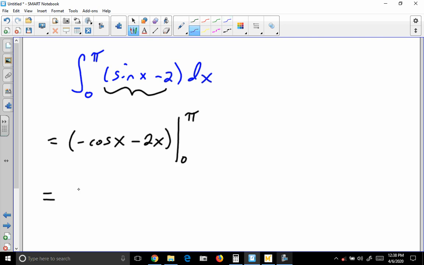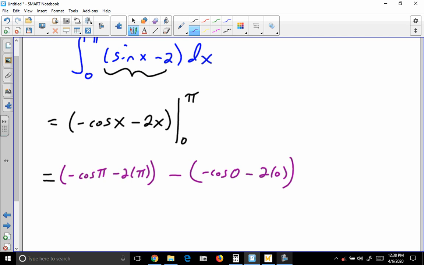So when we plug in pi, we have minus cosine of pi minus 2 times pi, minus, plug in a 0. So minus cosine of 0 minus 2 times 0. With regular functions, polynomials, things like that, when we plug a 0 in, usually the whole antiderivative goes away.